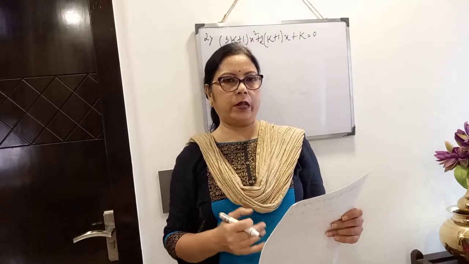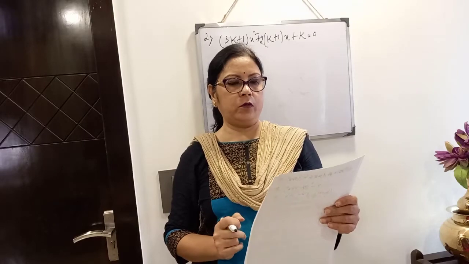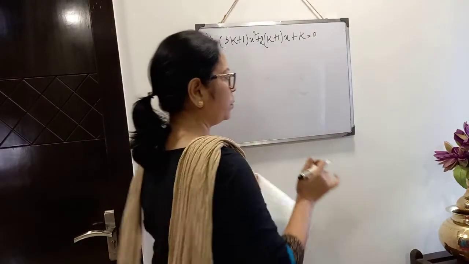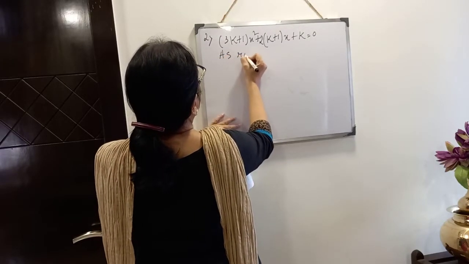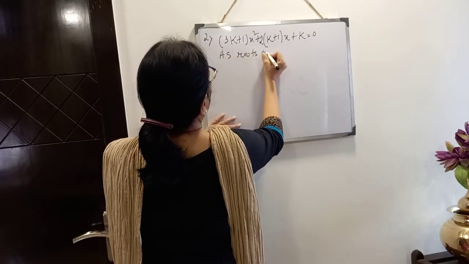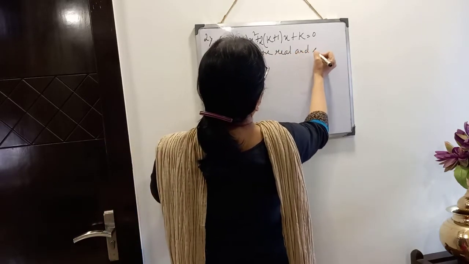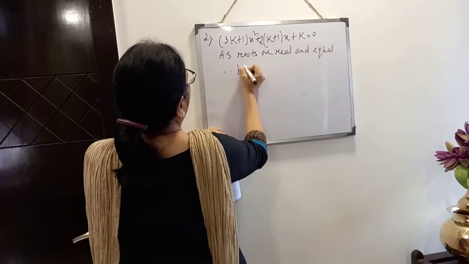Find the value of k for which the equation has real and equal roots. So roots are real and equal, it is already told. That means discriminant is 0 as roots are real and equal. Therefore discriminant will be 0.